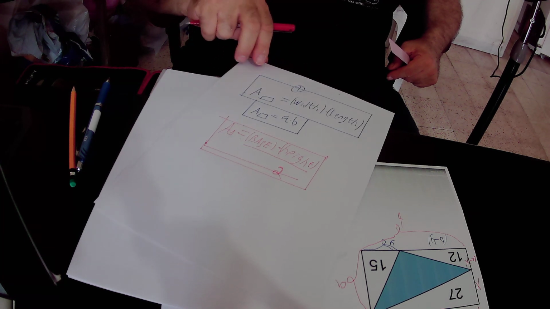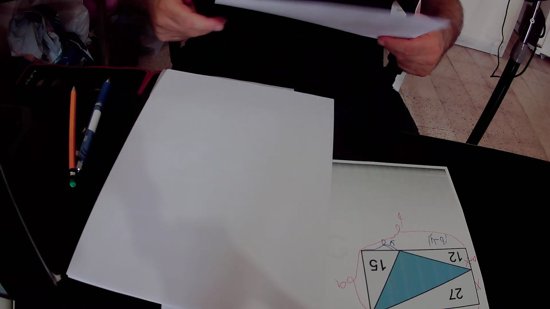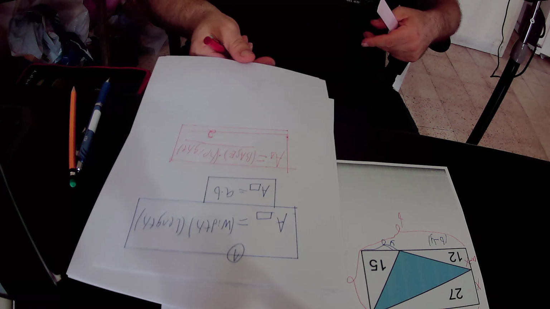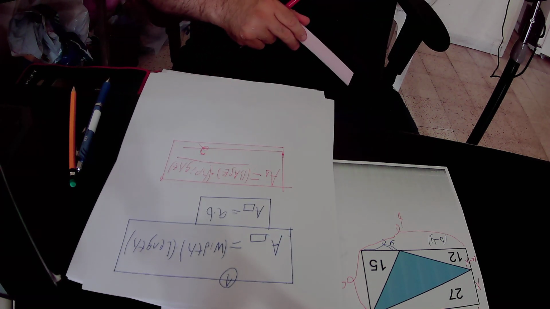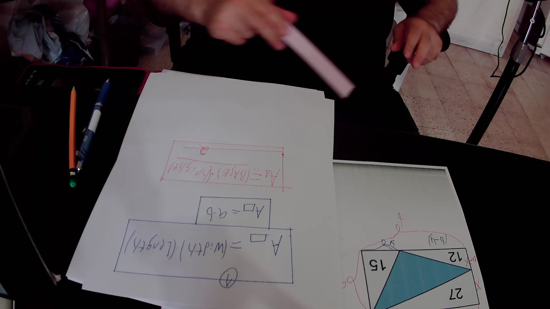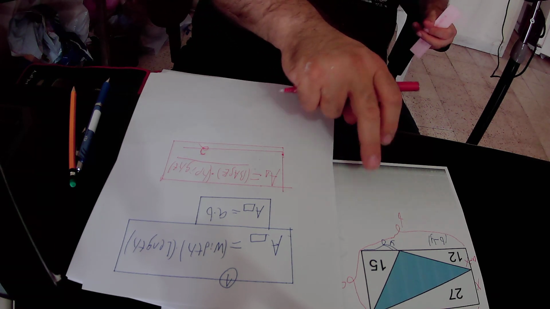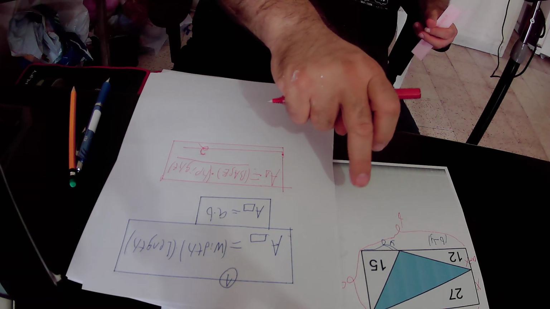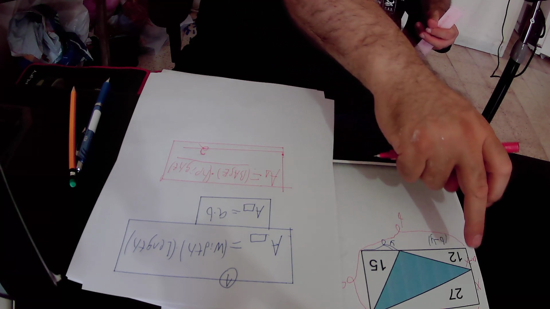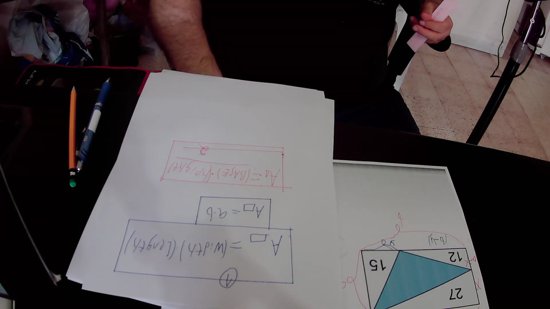So we will implement this formula in order to find the formulas for the areas of the three right triangles. Actually, we know the areas of the three right triangles, but we want to create the formulas for the areas that we already know.